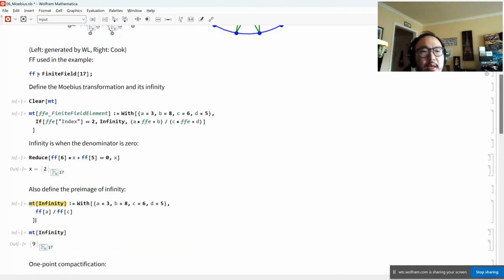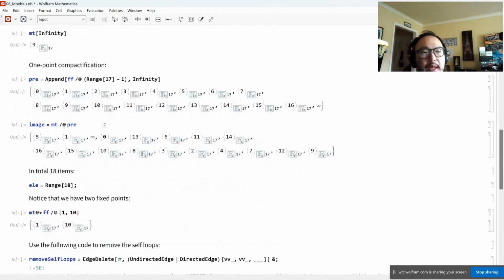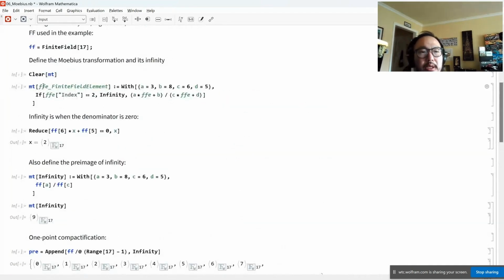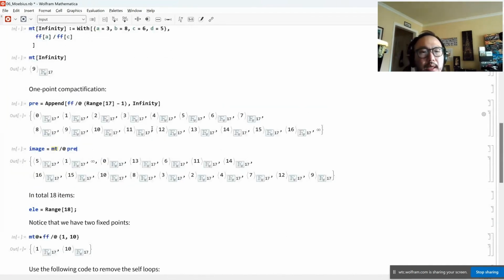FF is defined this way, and then you have this rule, and everything underneath is the elements operated on by the Möbius transform. It's MT here, the Möbius transform, and you have a one-to-one correspondence.